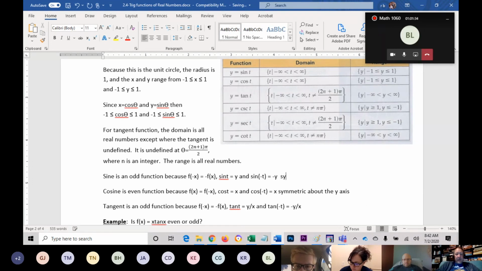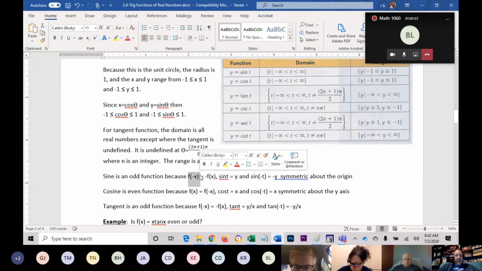The odd functions are symmetric about the origin. This will probably make more sense when we actually start graphing these functions. But you've got f of minus x equals minus f of x.